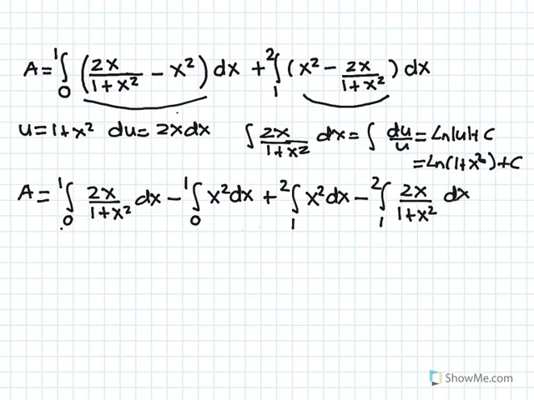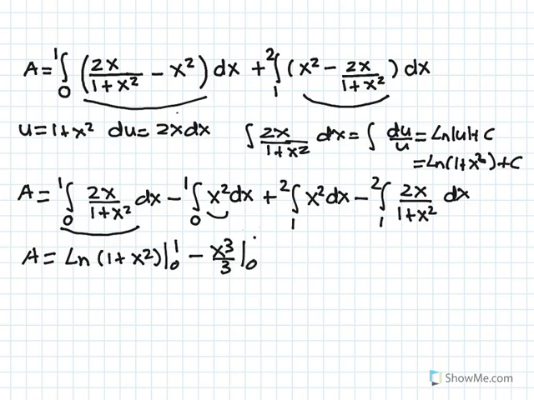We already know this antiderivative, so the area is going to be equal to log of 1 plus x squared evaluated from 0 to 1, and the antiderivative of x squared is just x cubed over 3, evaluated from 0 to 1, plus x cubed over 3 again, evaluated from 1 to 2, minus, and this one we already evaluated using U substitution, log of 1 plus x squared from 1 to 2.